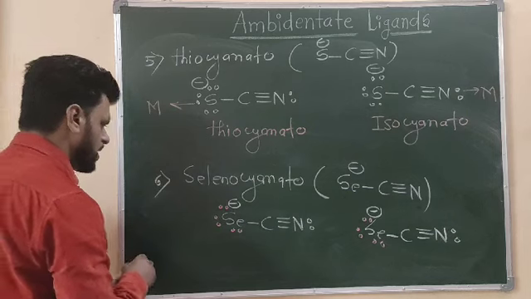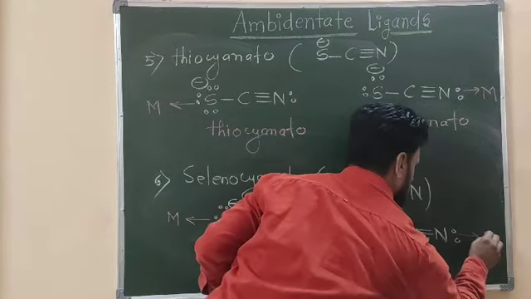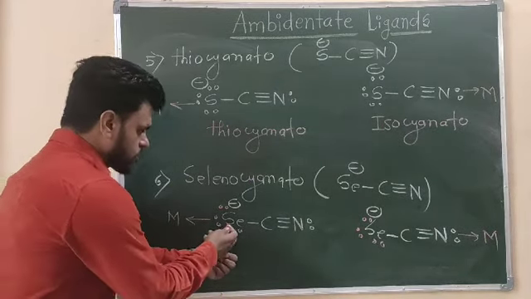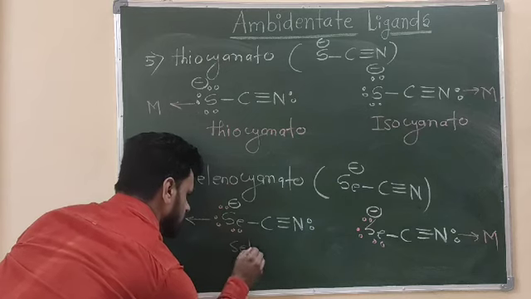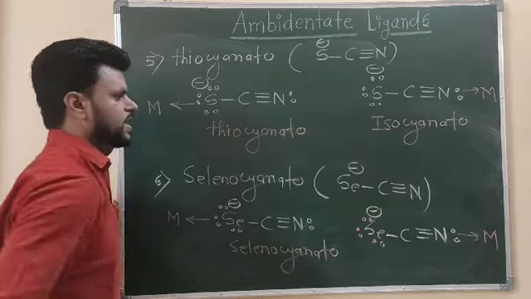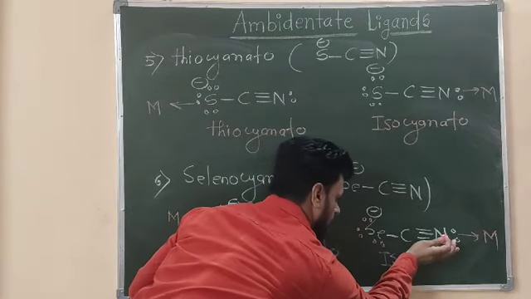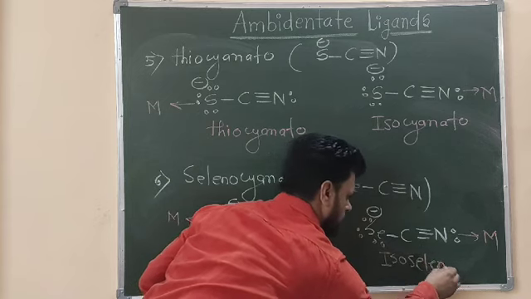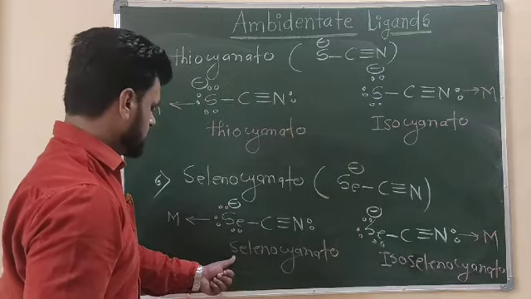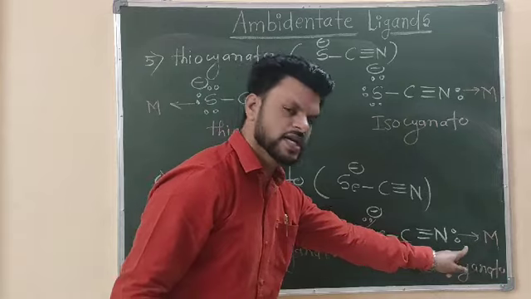So it can form bonding via selenium to the metal, and via nitrogen, right? So if I write down through selenium, this is called selenocyanato. If via nitrogen, this is called isoselenocyanato, or else selenocyanato-Se, selenocyanato-N.